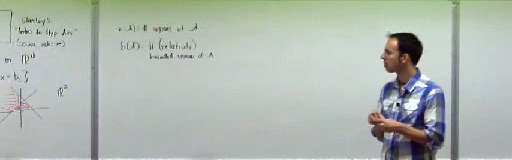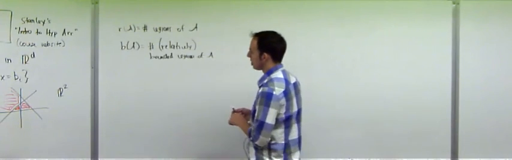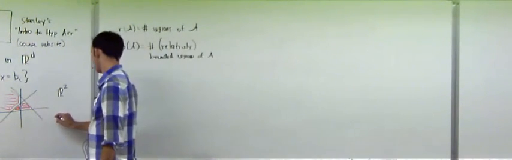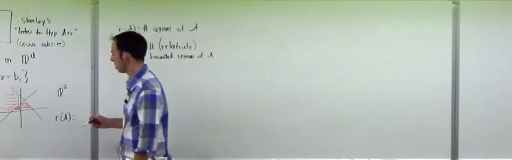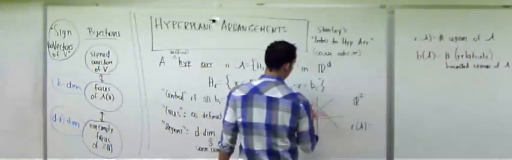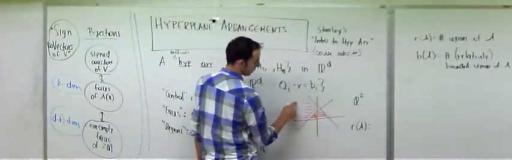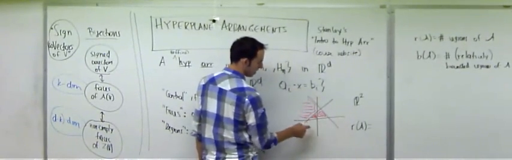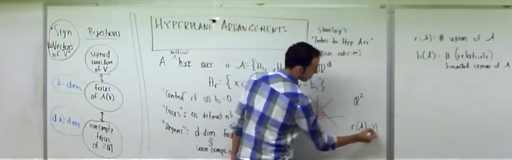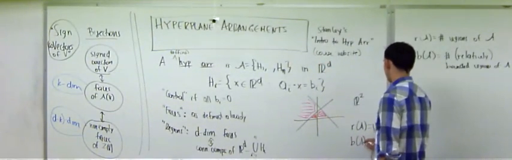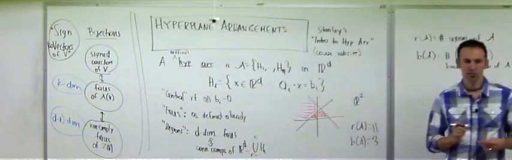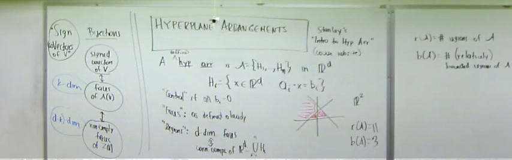It's kind of the same thing. So for example, what is R of A here? Well, you just count how many regions there are. So 1, 2, 3, 4, 5, 6, 7, 8, 9, 10, and 11. And of those, there's exactly 3 bounded ones.